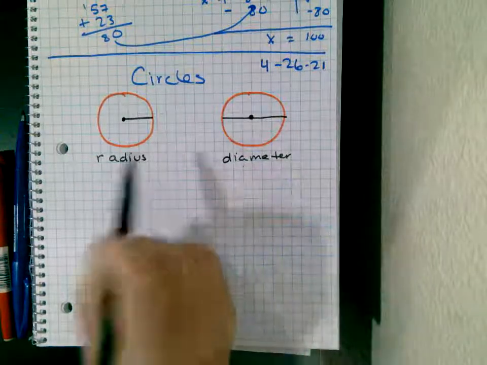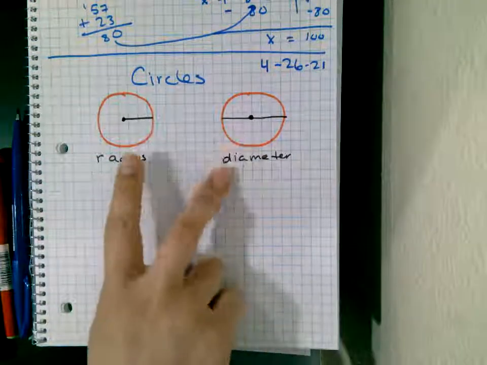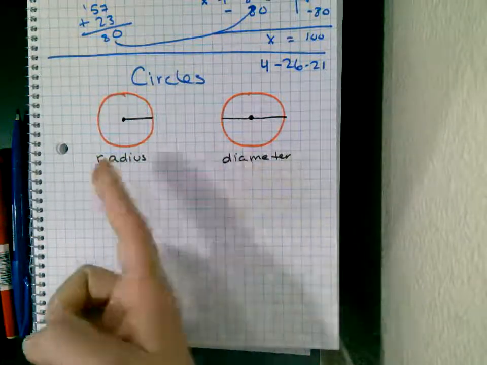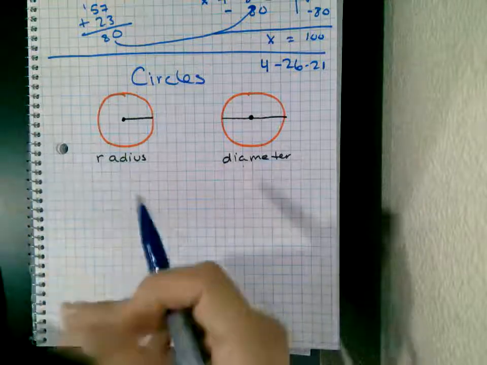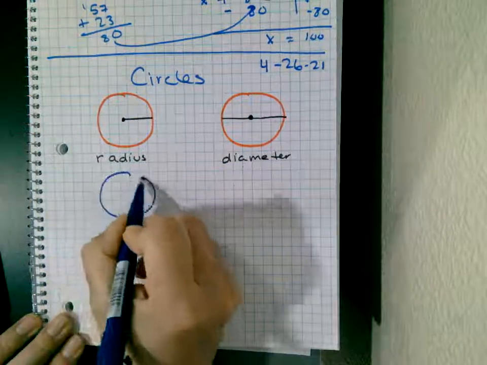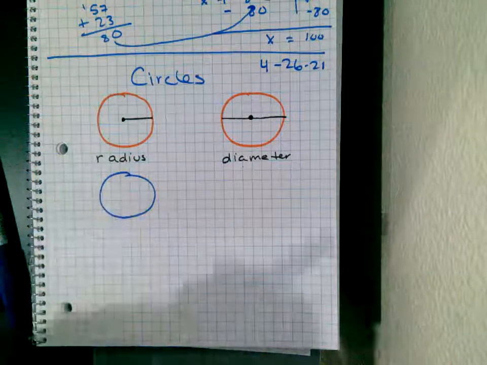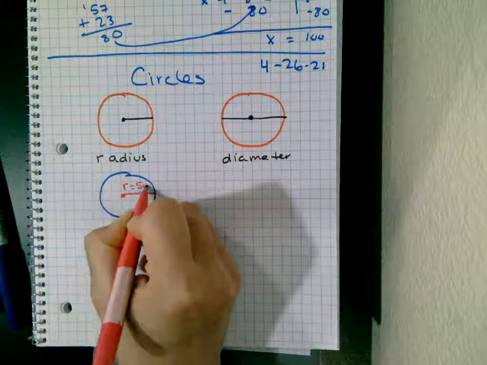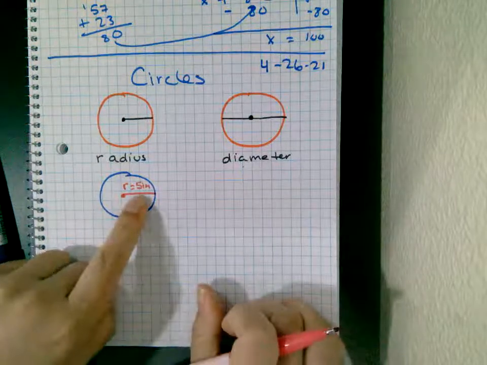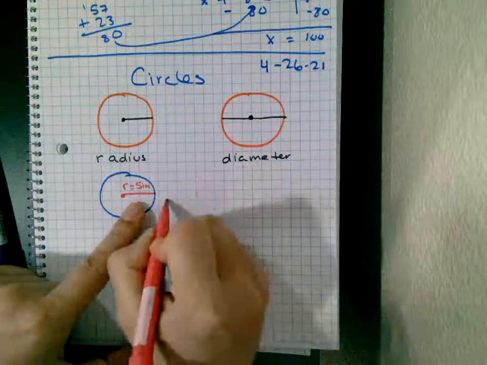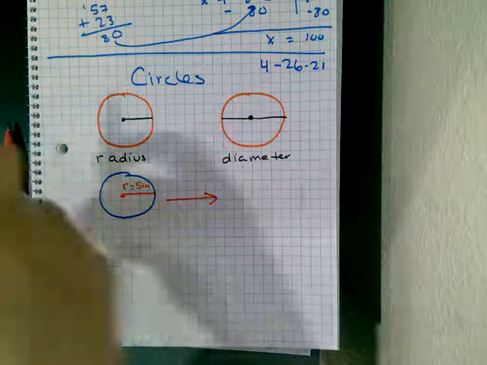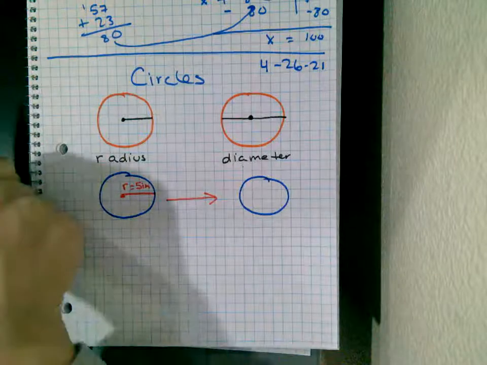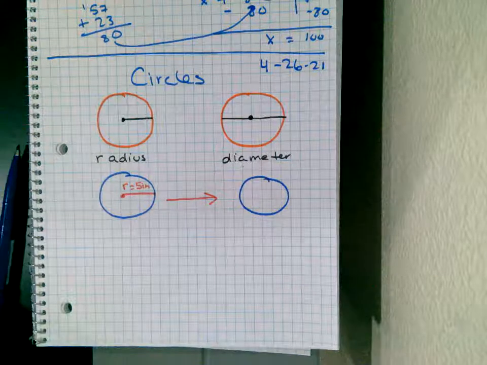Okay? So, there's a relationship between these two. This is half of this, or this one's double this one. So for example, if I give you a circle that has a radius of 5 inches, the radius is equal to 5 inches. I know that the diameter of the same circle will be double it.